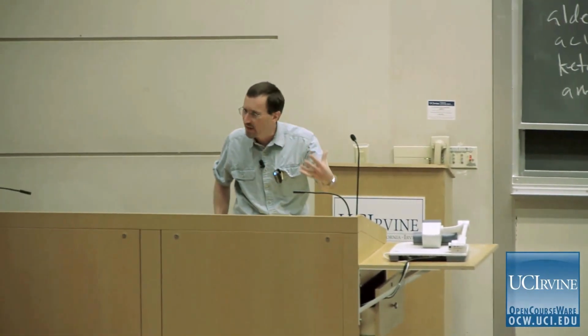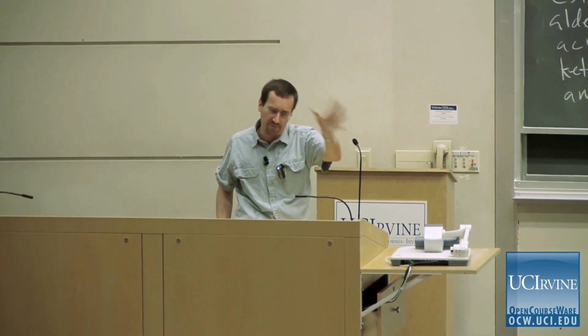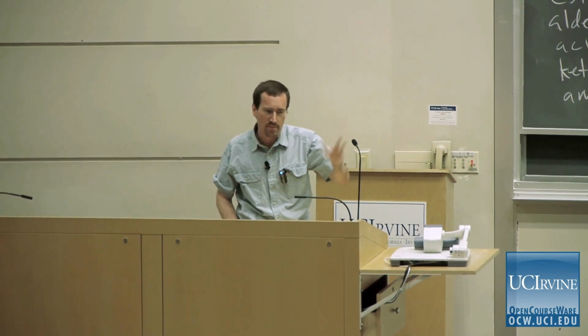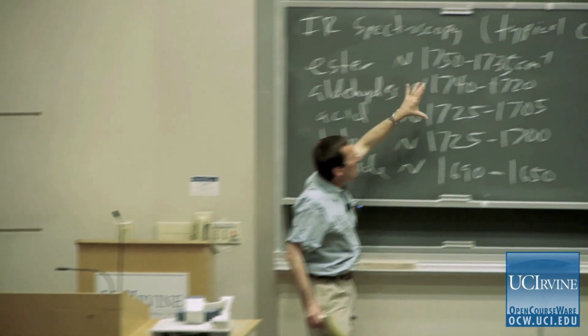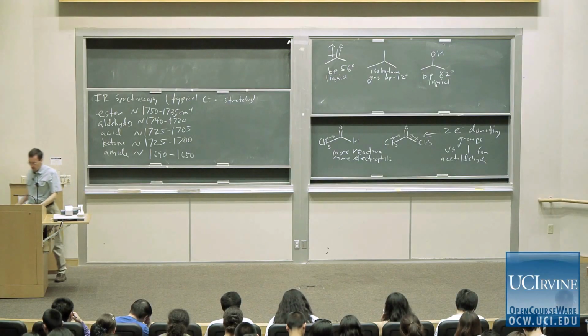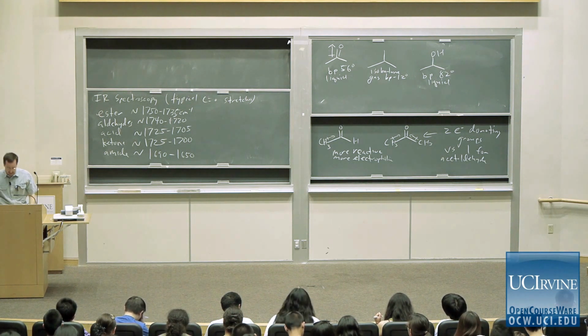In other words, if you have conjugation, like benzaldehyde, that's going to shift the carbonyl frequency by several tens of wave numbers. So you look at these bands, and they're not purely diagnostic on their own. But then there are other factors that clue you in. We talked, for example, about carboxylic acids.